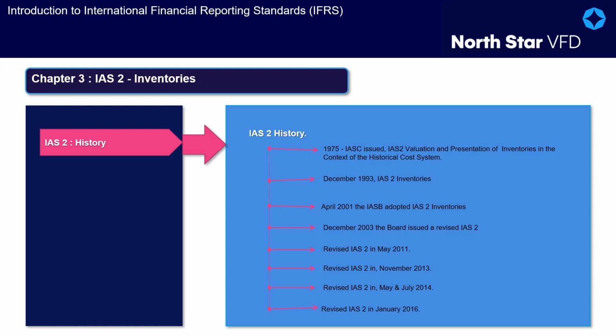In April 2001, the International Accounting Standards Board adopted IAS 2 Inventories. In December 2003, the Board issued a revised IAS 2 as part of its initial agenda of technical projects. Subsequently the Board revised IAS 2 in May 2011, November 2013, in May and July 2014 and January 2016.